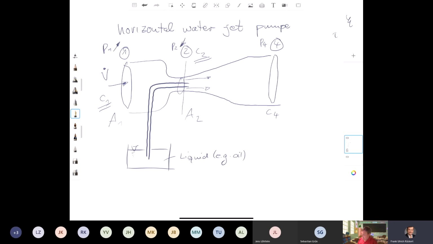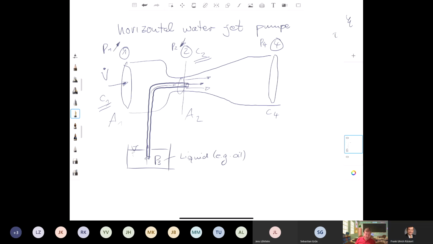Then we can have a pressure here on P3, for example, and then we can pump up the oil here into our system because of the low pressure.